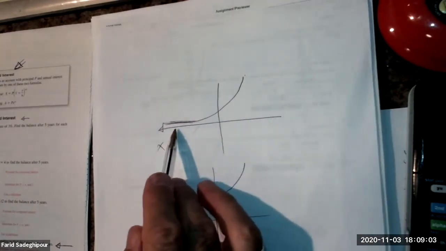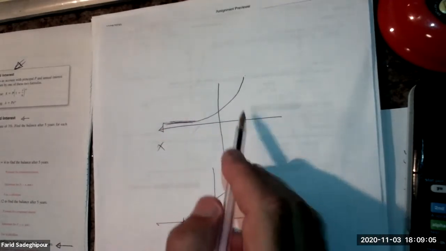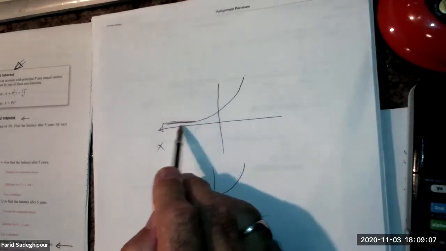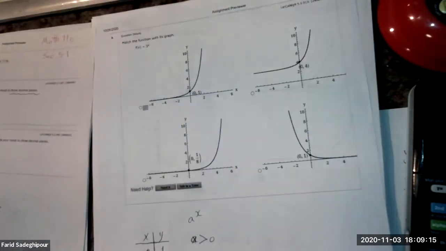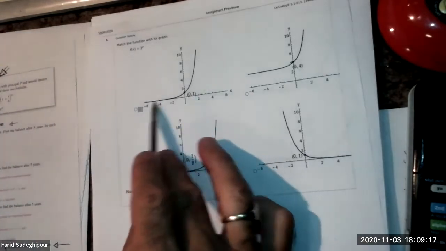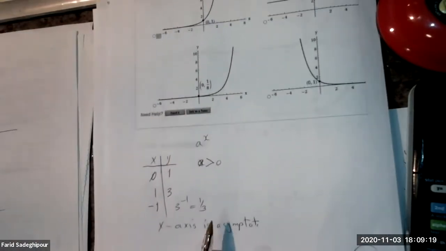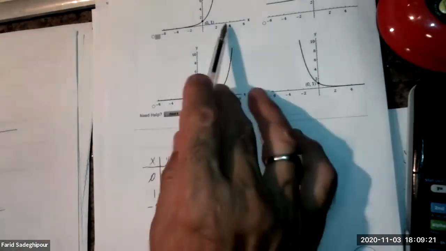It's not like this. It's just parallel. In that case, the x-axis is the asymptote. An asymptote is the line that your graph comes close to and stays parallel to, but they never touch. They're just parallel to each other. And that's the case here. And I put it here. The x-axis is the asymptote.